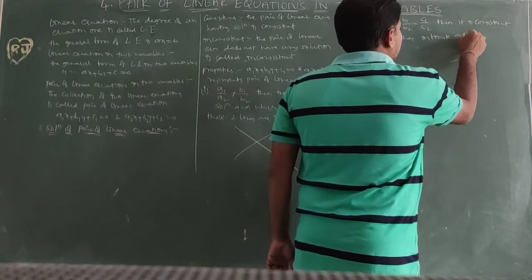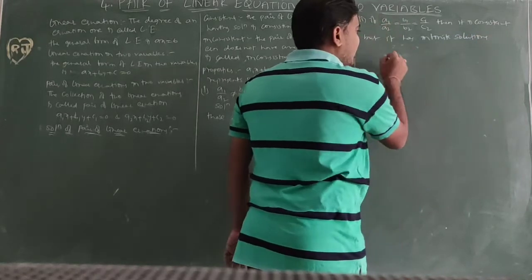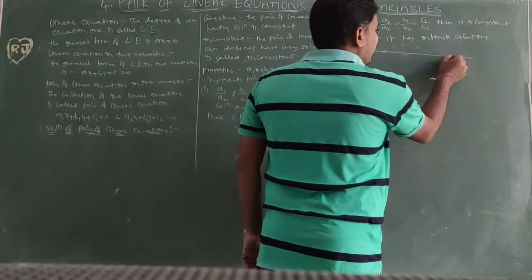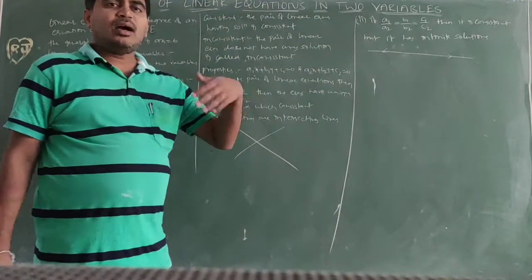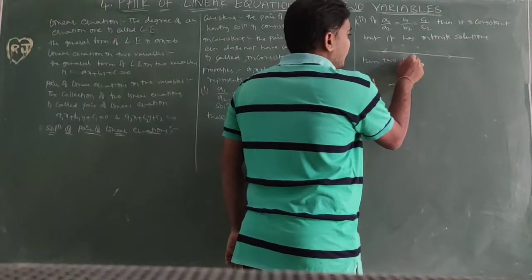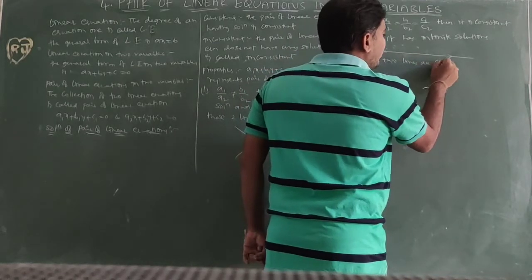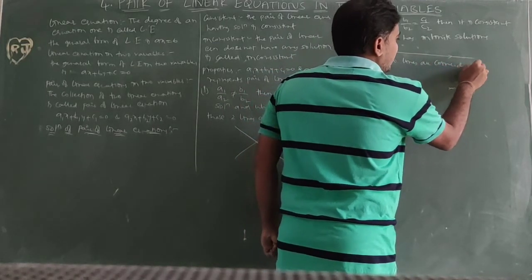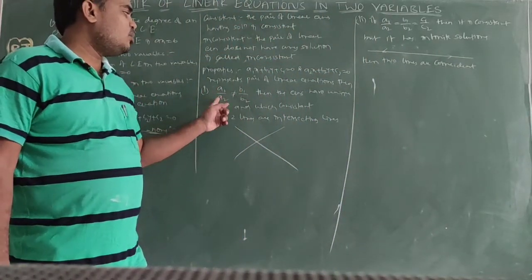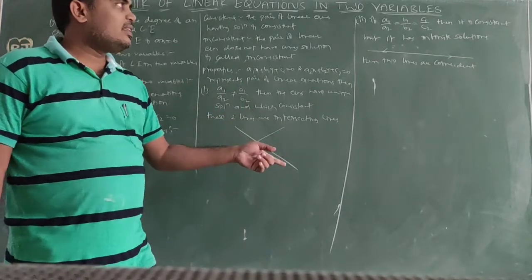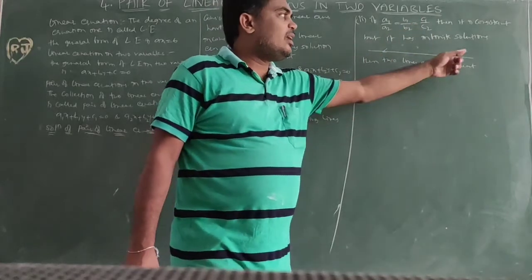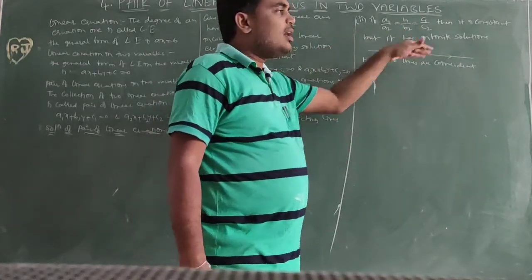The first line is like this, and the second line is also like this, one line on top of the other. So the two lines are coincident. If a1 by a2 is not equal to b1 by b2, the lines intersect; if a1 by a2 equals b1 by b2 equals c1 by c2, the second line lies upon the first line.